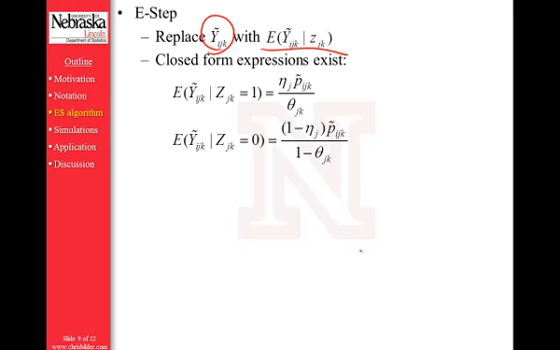Fortunately, there are nice closed form expressions for these expected values, conditional on whether I have a positive or negative group response. For example, if we focus on this first expected value, in the denominator I have simply the probability of a positive group response. In the numerator, I have the sensitivity and also the individual probability.